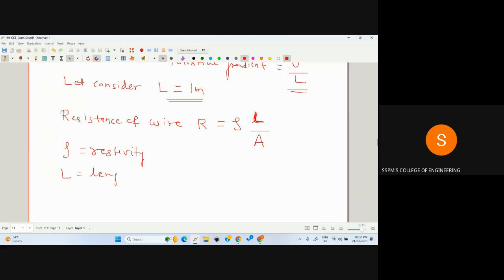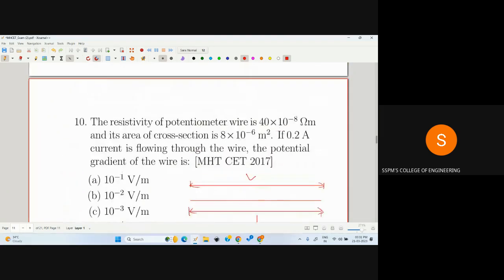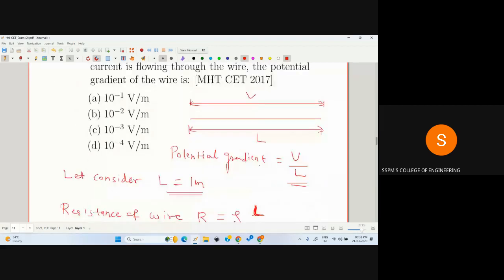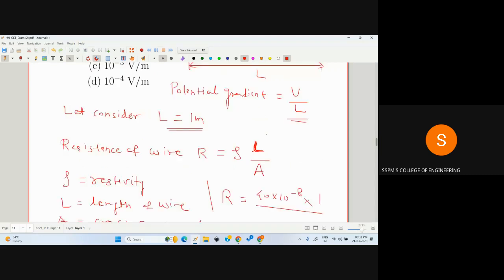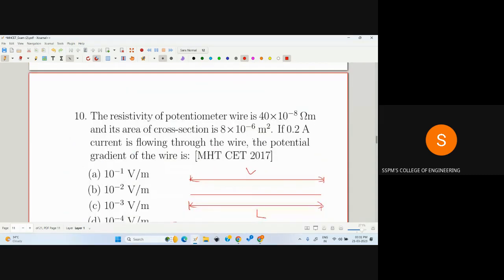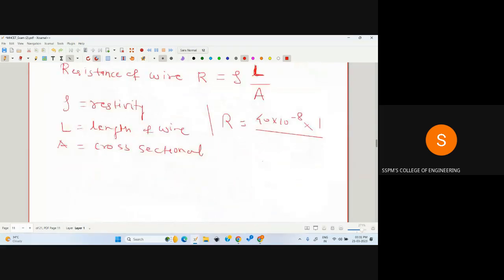So find out R. R is equal to rho. Rho is how much? The resistivity is given, 40 into 10 to the power minus 8. The length of wire is 1 meter and the cross-sectional area is 8 into 10 to the power minus 6. So 8 5s are 40.